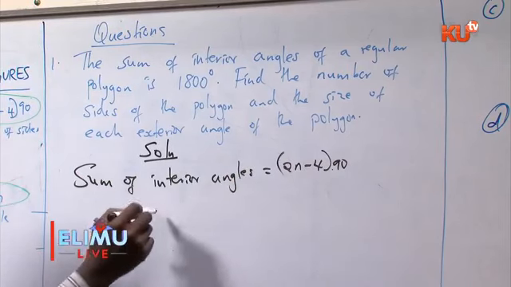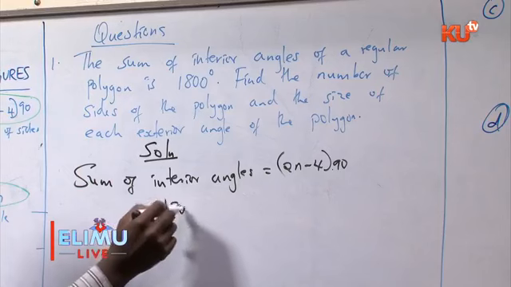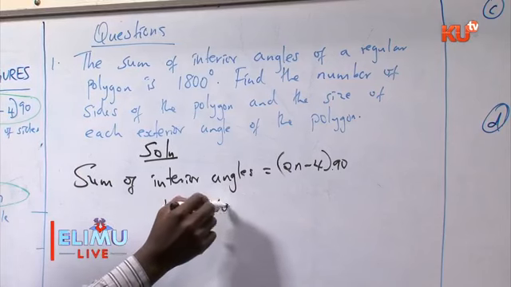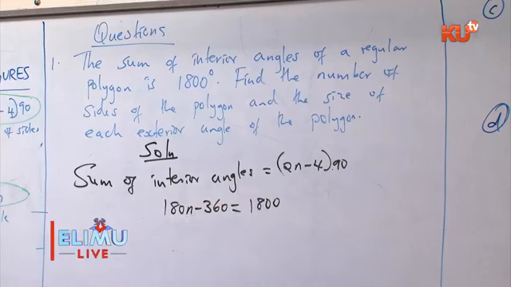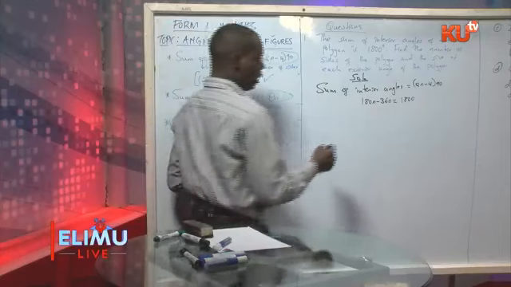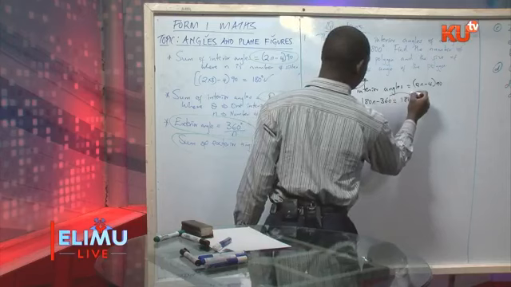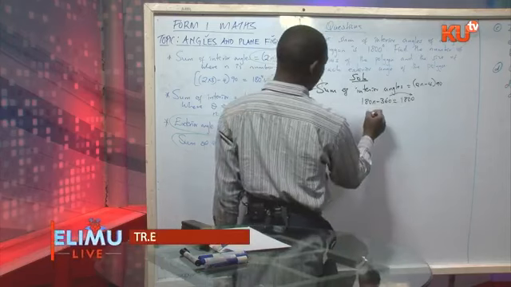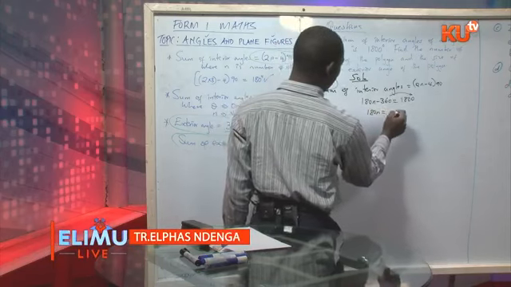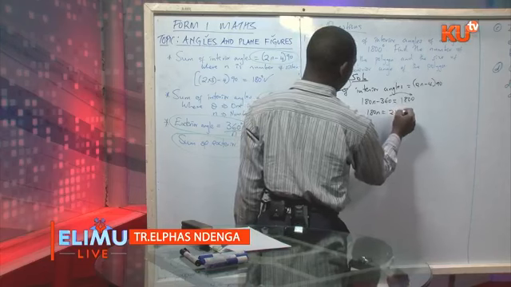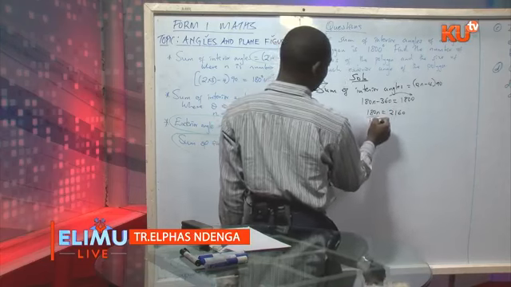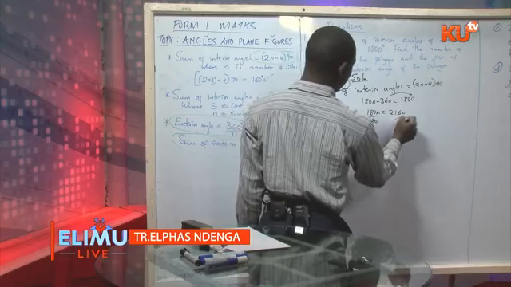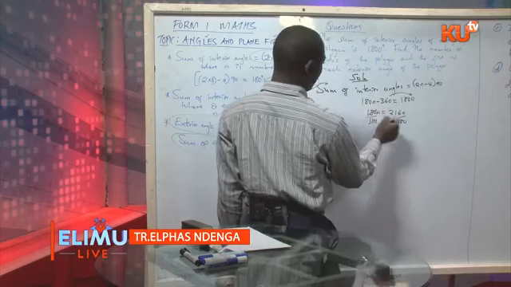So you simply substitute and expand that to have 180n less 360 is equal to 1800. So you collect the like terms. This to the right side we have plus. So 180n is equal to 2160. Divide this by 180, divide this by 180, so that this cancels out.